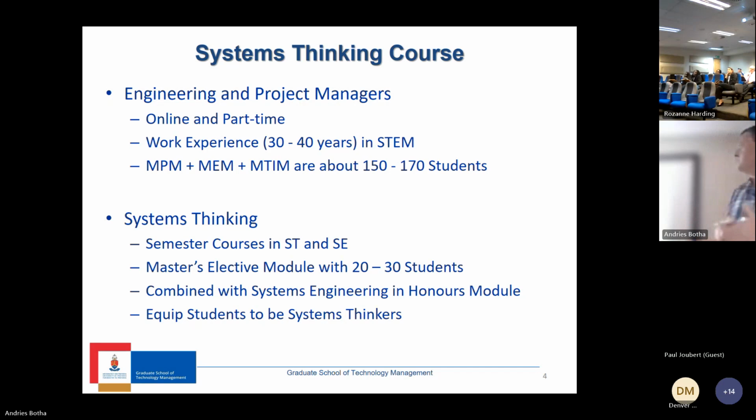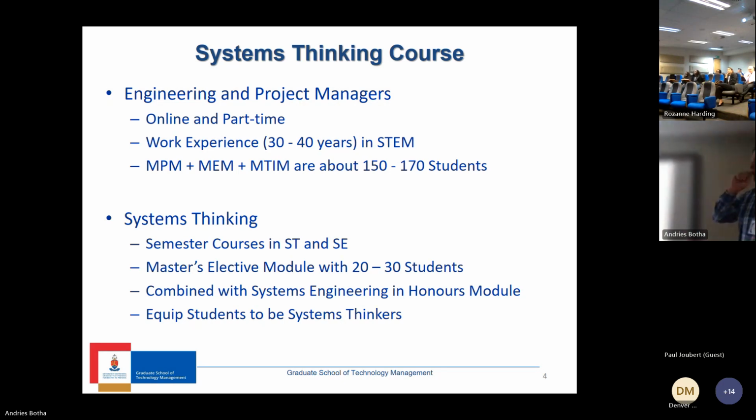I think it was a bit down during COVID, but it's slowly picking up again. The distribution between engineering management, project management and technology management is roughly 40, 35, 25%, where the biggest portion is coming from engineering management.